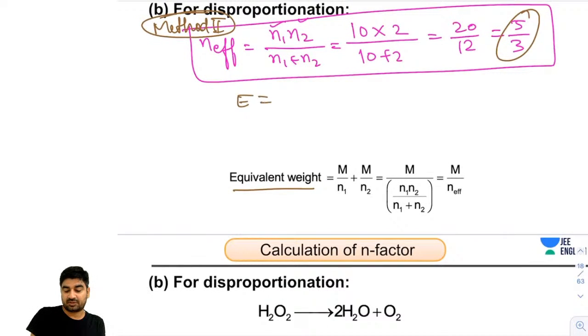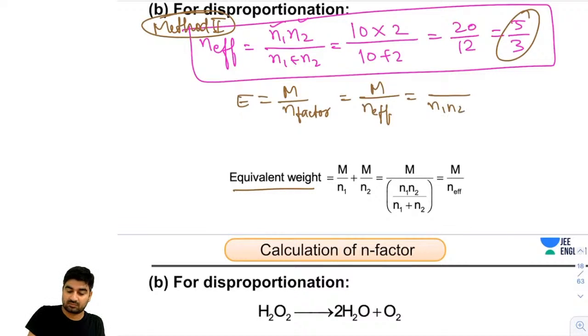So what is equivalent weight? Equivalent weight is molar mass upon n factor. So here n factor, instead of it I will write n effective. And what is n effective here? It will be n1 n2 over n, right?